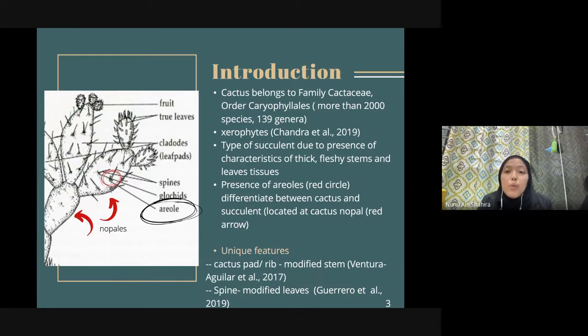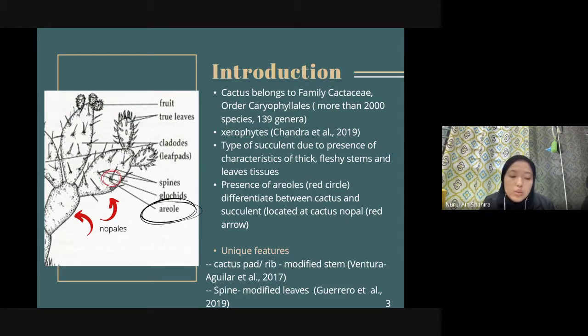Caryophyllales, with more than 2,000 species that come from 130 genera. It is also classified as a xerophyte as it has a remarkable adaptation that can cope with extremely challenging environments. It is also considered a type of succulent due to the characteristic thick and fleshy stem and leaf tissue that are able to store water.